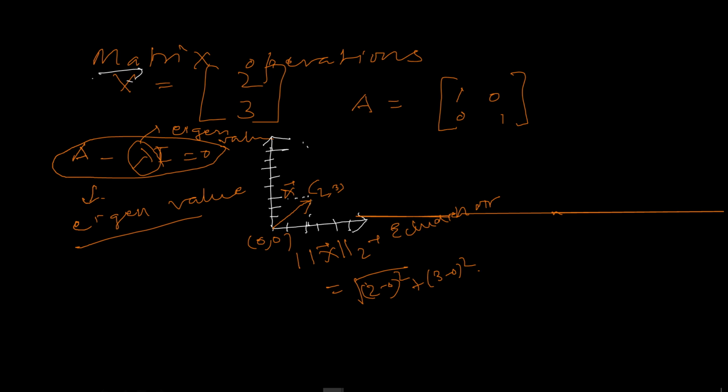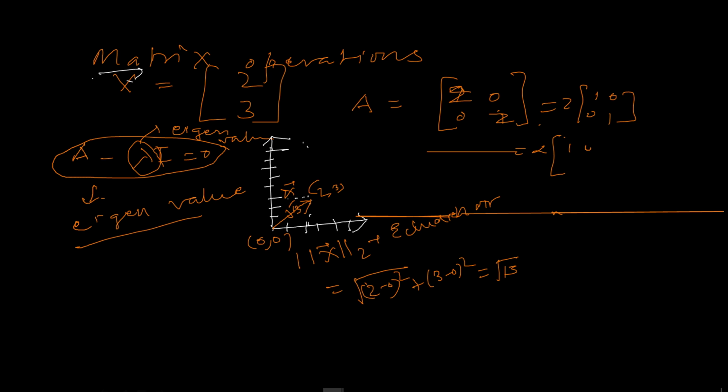Okay, now if you are multiplying with a matrix, let us have a 2 by 2, which is 2 0 0 2, and we can say that it is alpha times 1 0 0 1. Okay, alpha here is 2. What will happen if you multiply matrix A with the vector x?